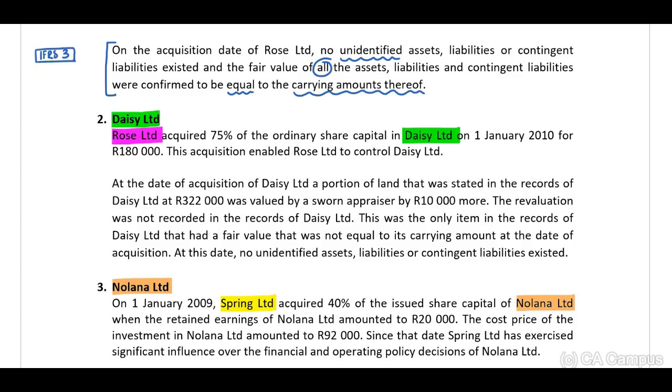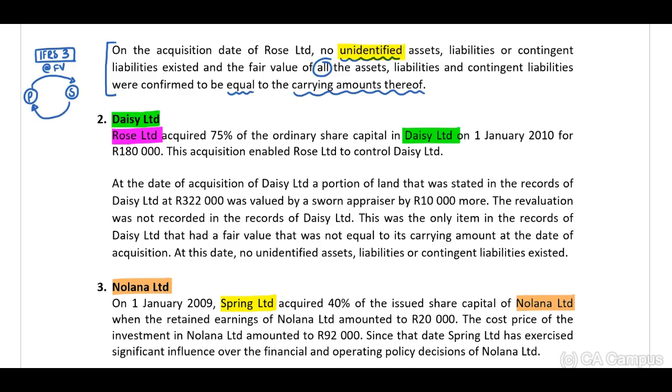Now, the main principle of IFRS 3 is: 1. The consideration paid by the parent to the previous shareholders of the subsidiary should be at fair value. 2. All the identifiable assets and liabilities, therefore they indicate to us, guys, when you read this, there are no unidentified.